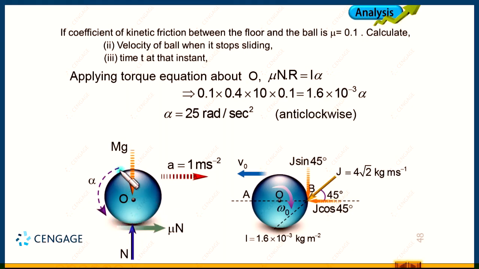That means this angular acceleration will do one thing. First, it will reduce its angular velocity to the 0 value, and it will finally change the sense of rotation from clockwise to anti-clockwise, so that the point of contact has no sliding tendency. Let us assume the sliding continues for time t.